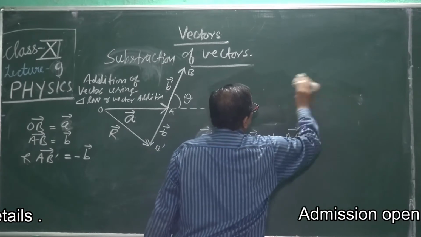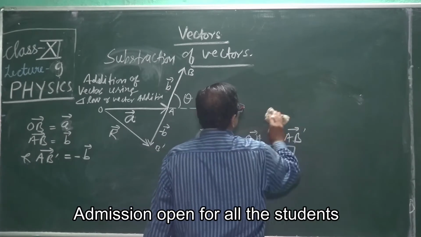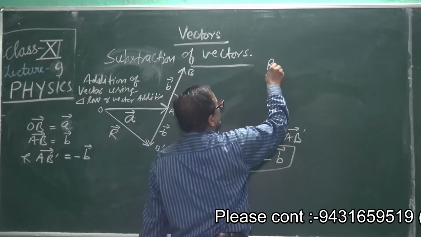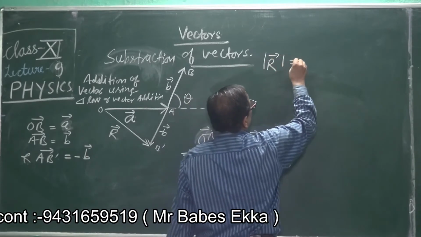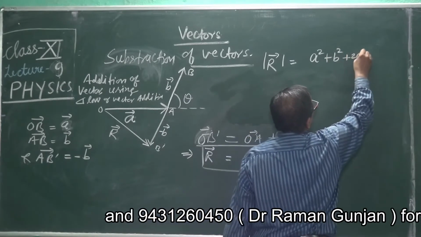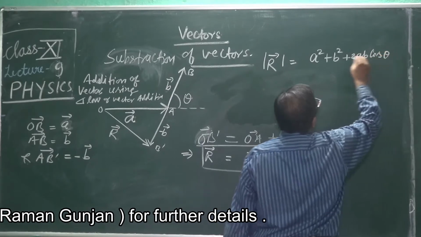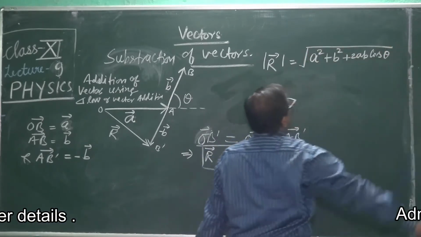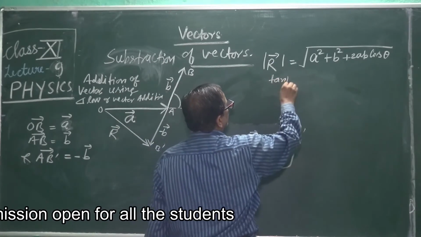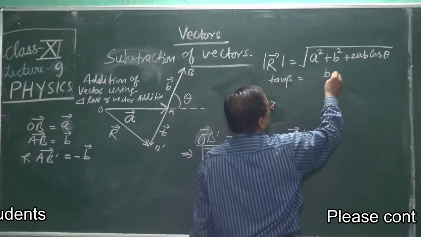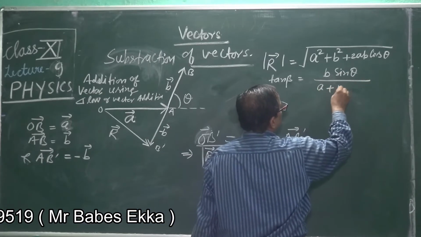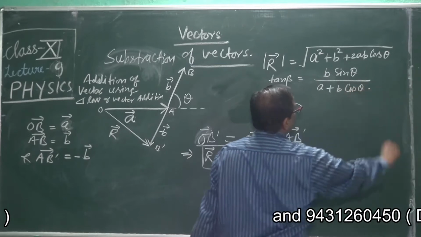From the last day's concept, the magnitude of the resultant of two vectors is under root A square plus B square plus 2AB cos theta, and the angle of resultant is tan beta equals B sin theta divided by A plus B cos theta.